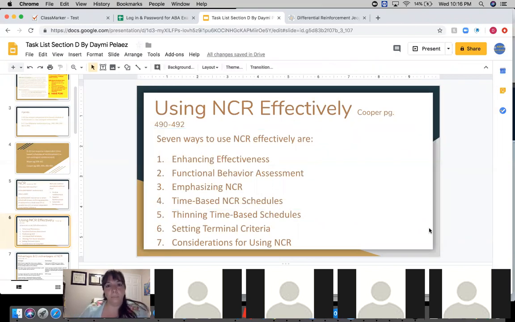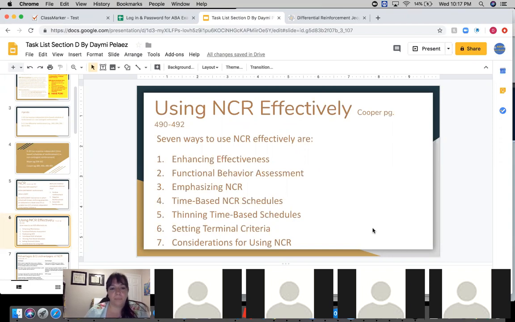Anyone? Enhancing effectiveness. All right, number 2. Functional behavior assessment. Number 3. Emphasizing NCR. Great job participating. Number 4. Time-based NCR schedules. Great. Number 5. Setting time-based schedules. Number 6. Setting terminal criteria. And number 7.